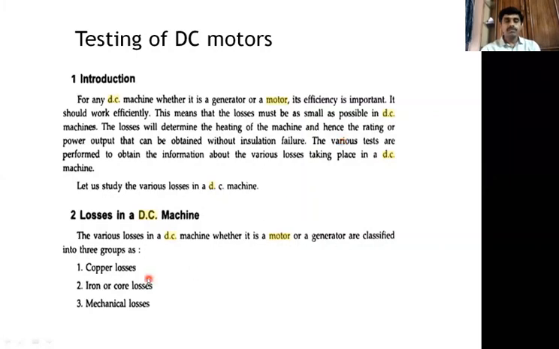There are different types of losses: copper losses, iron or core losses, and mechanical losses. We will conduct different tests to calculate these losses.